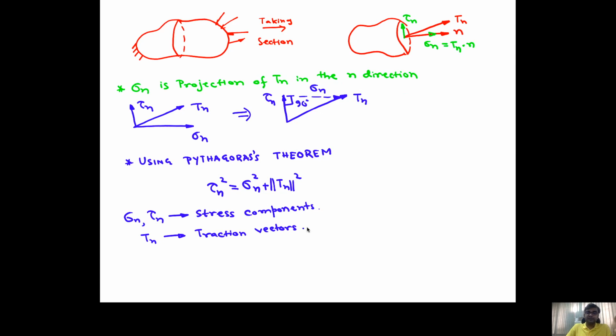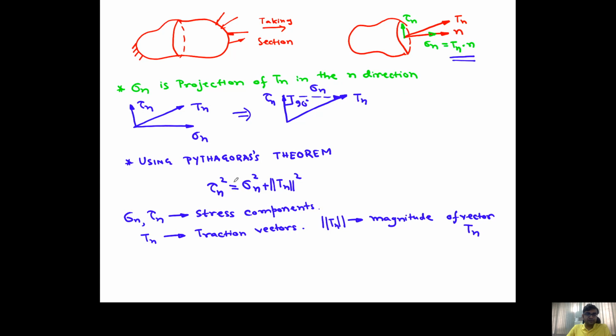So when I write this one, this is nothing but the magnitude of vector Tn. So this is something you need to be very careful about, that this is the magnitude of the vector and not the vector itself. So then what we can do is, sigma n from here is Tn dot n. So we are going to substitute it.